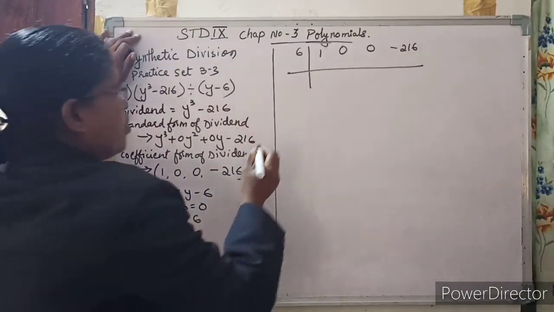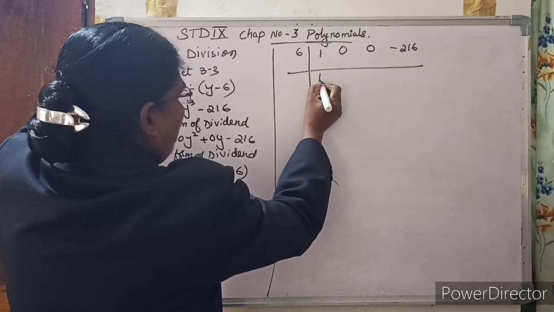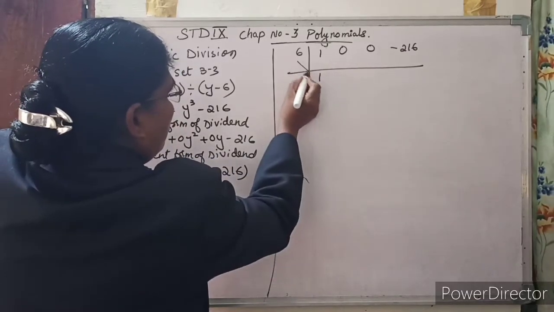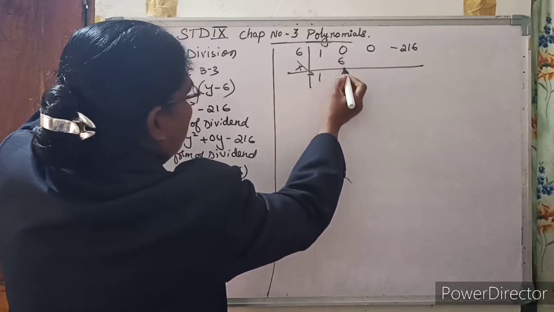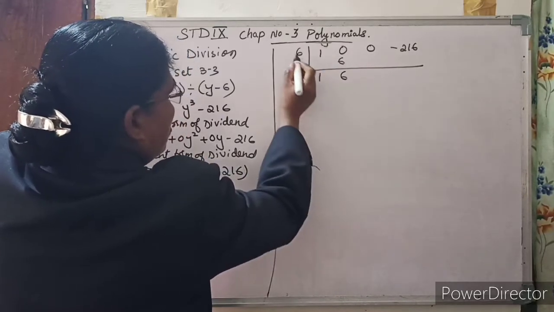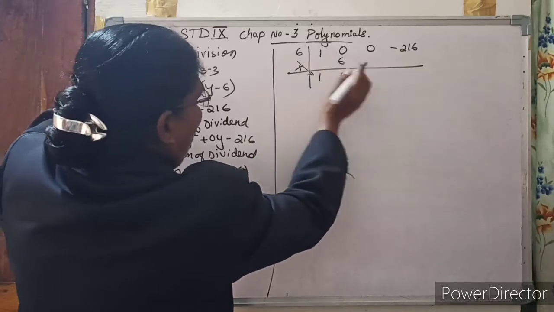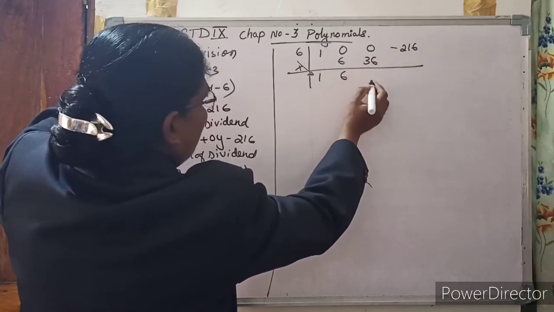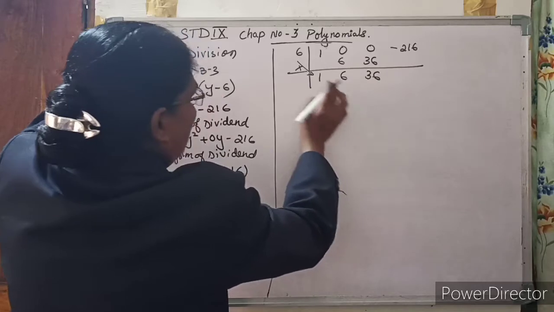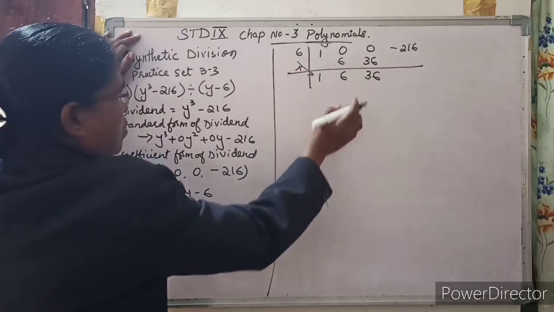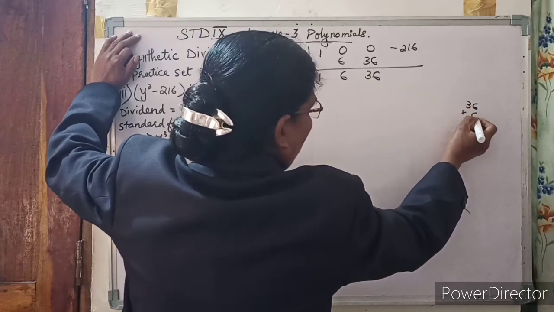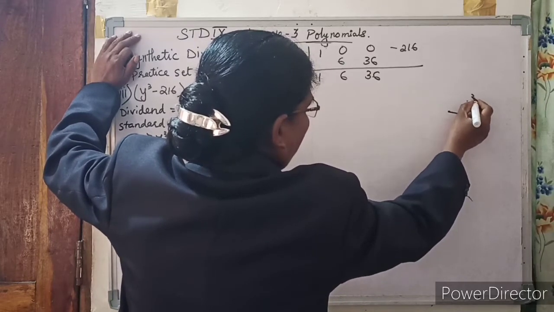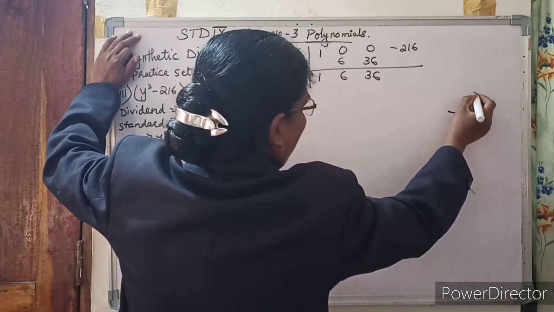Now look at this. Bring down the first number 1 as it is. Then do cross multiplication. 6 times 1 is 6. 0 plus 6 is 6. Again cross multiplication: 6 times 6 is 36. So 0 plus 36 is 36. Again 6 times 36: 6 sixes are 36, carry 3, 6 threes are 18, 21.